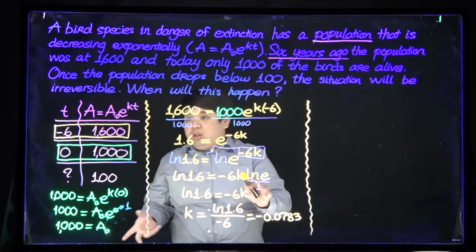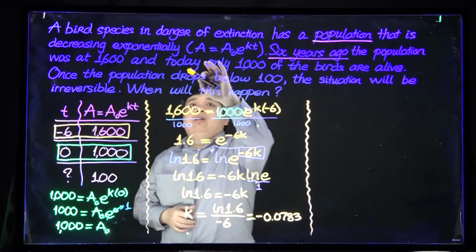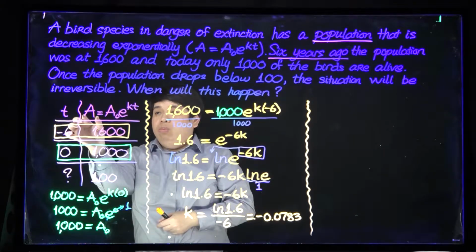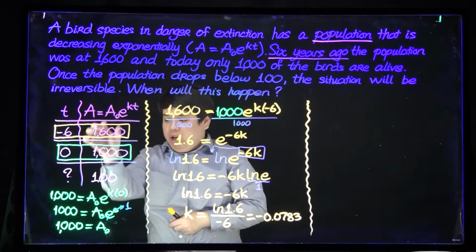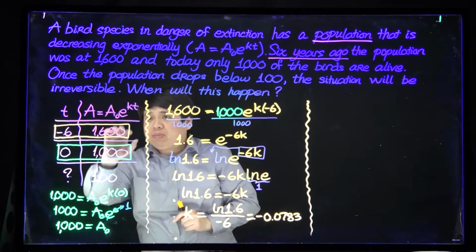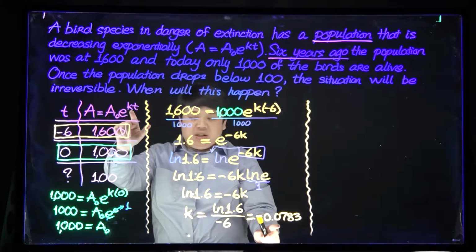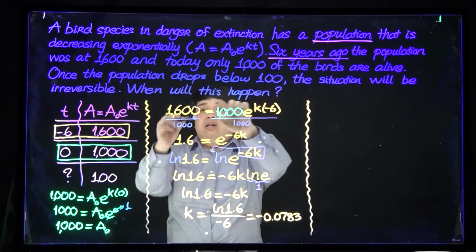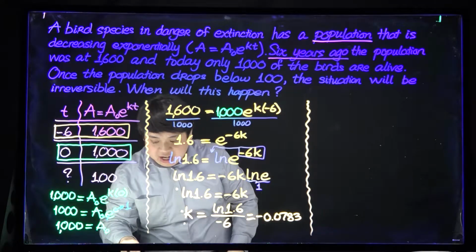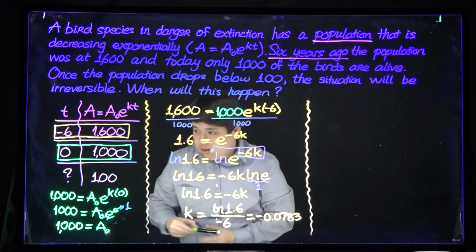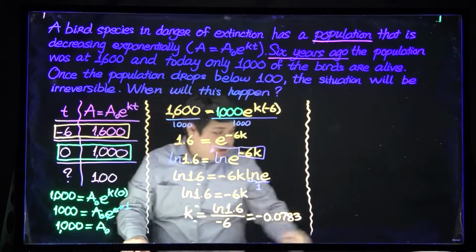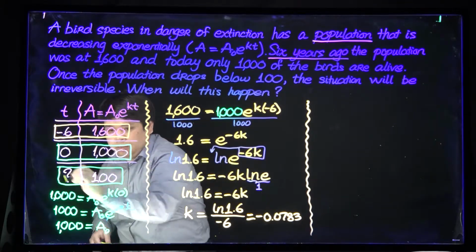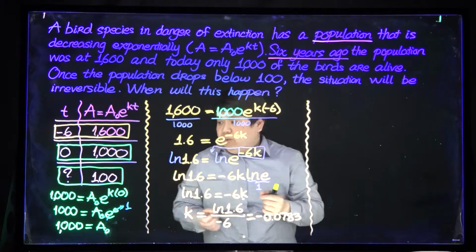So now if we go back to the formula for the exponential, in this case exponential decay, the initial population we know is 1,000. The rate we now know is this. So pretty much now we know almost everything. The only thing we need to find now is the time. So now we go to this data and put in everything we know.